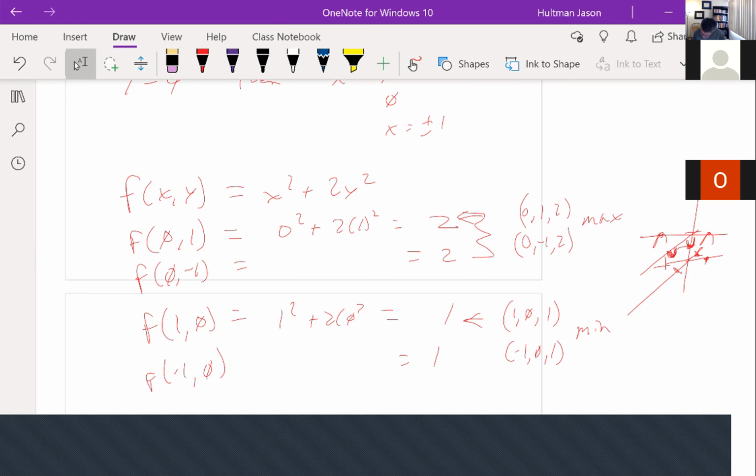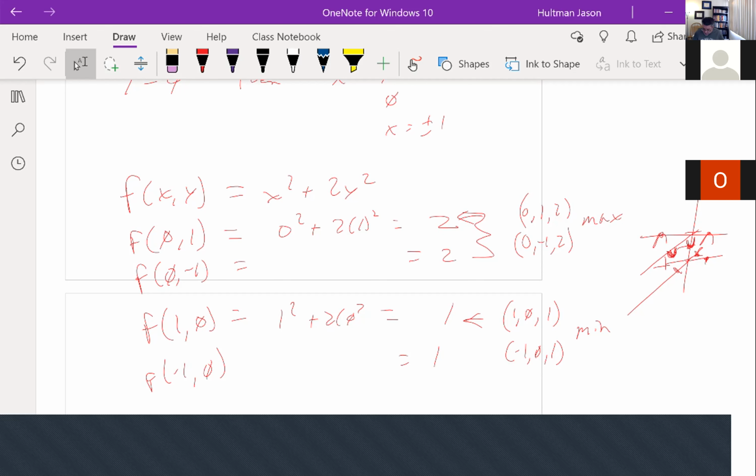Okay, and then x squared plus 2y squared. Let me get the right keyboard here. x squared.